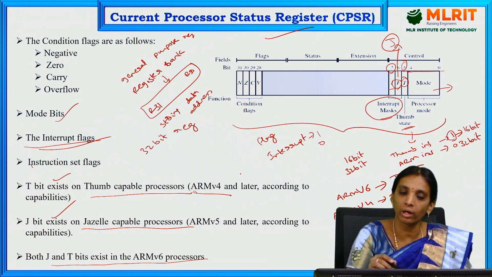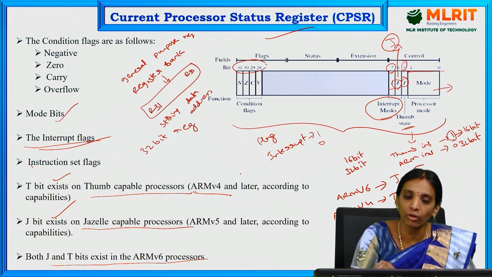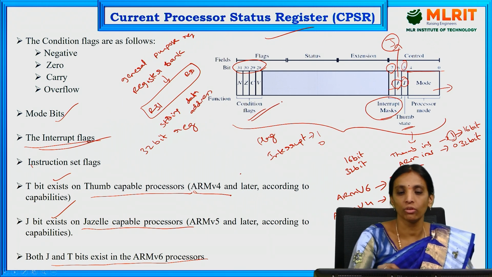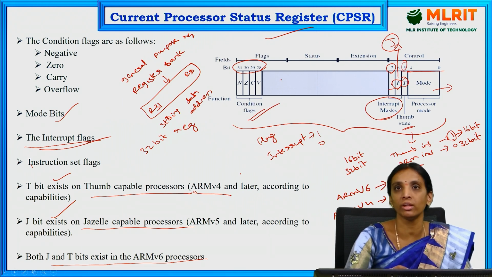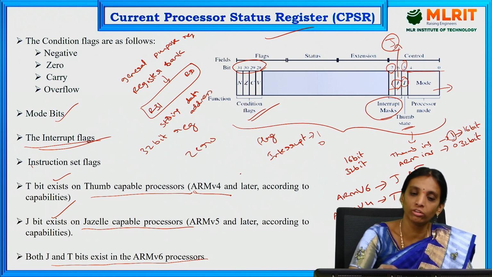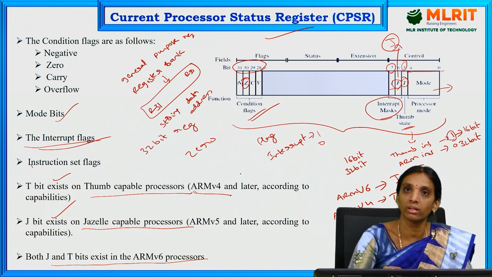And next, bits 28 to 31 are used for indicating the conditional flags. Conditional flags means, depending on the result of the operation executed by that instruction, whether the result is 0, the zero flag will be set. If the result is negative, the negative flag will be set. If the result has a carry, the carry flag will be set.